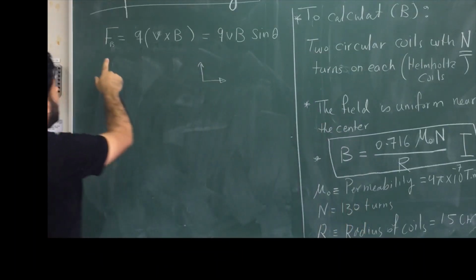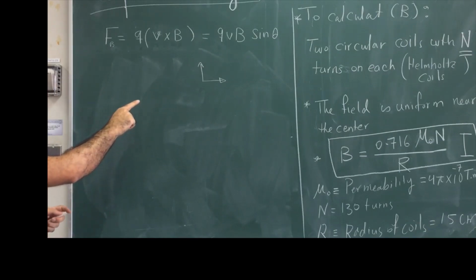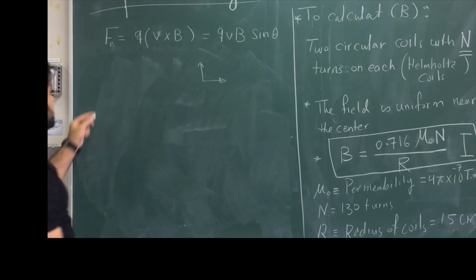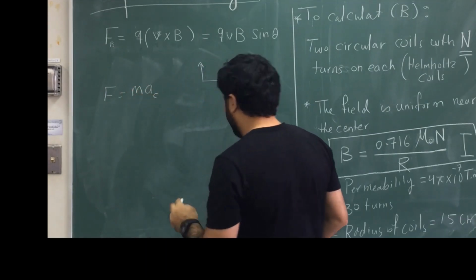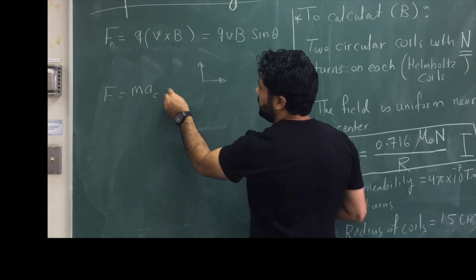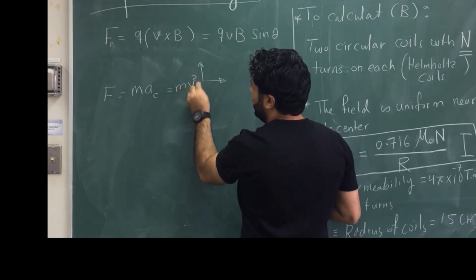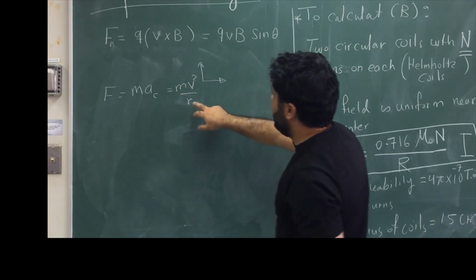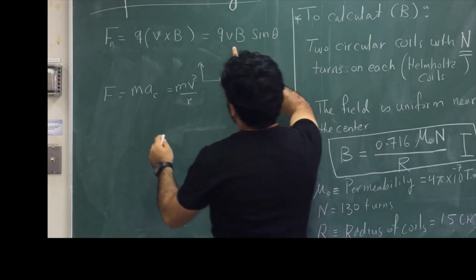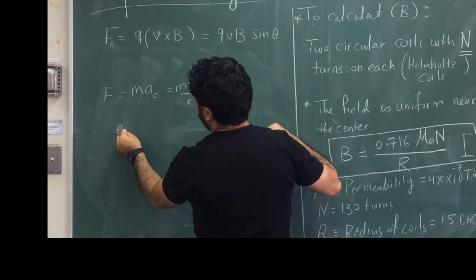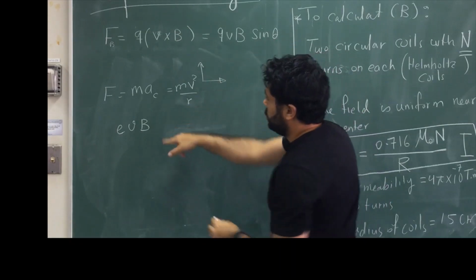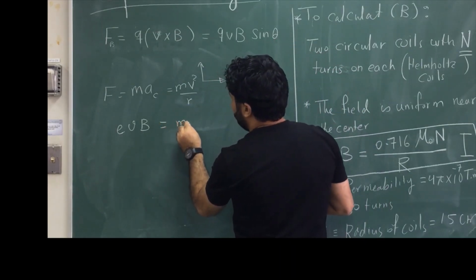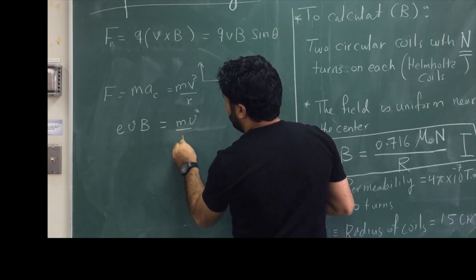Now, since we have a centripetal force, this force equals m times the centripetal acceleration, and we know the acceleration in centripetal force equals v squared over r. From this equation, the magnitude is e v B sine 90, which is 1, and should equal m v squared over r.